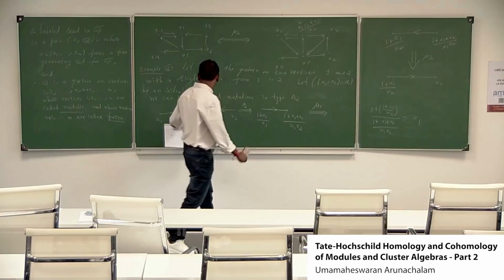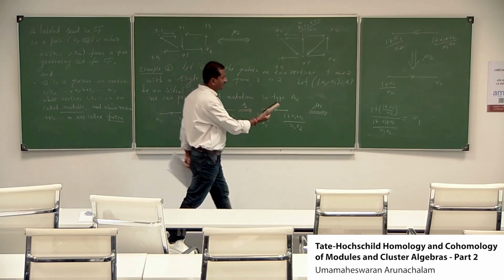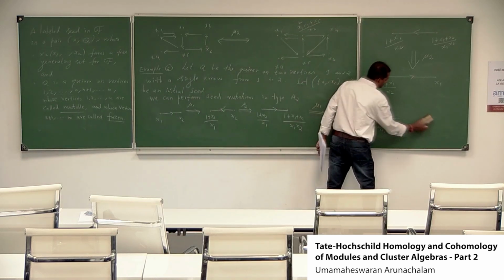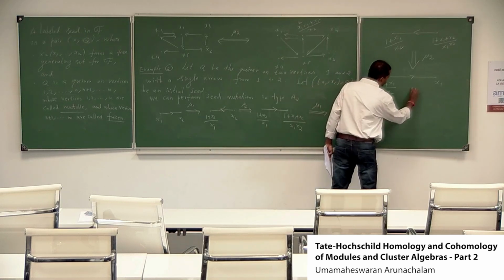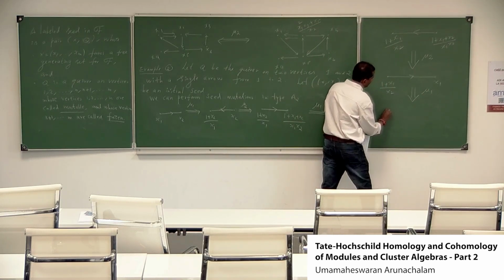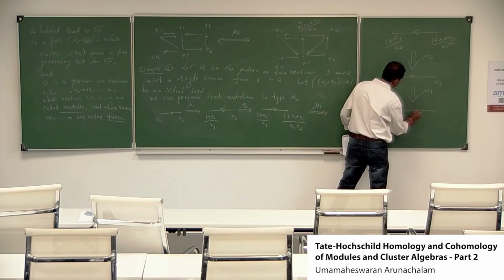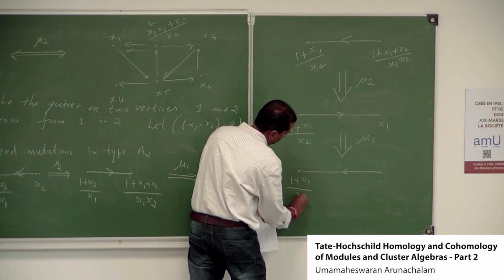So first we are taking mu2, mu1, mu2. Again we have to do mu1. This is mu1. Again we have to reverse the arrow. This is same variable, (1 plus x1) divided by x2.